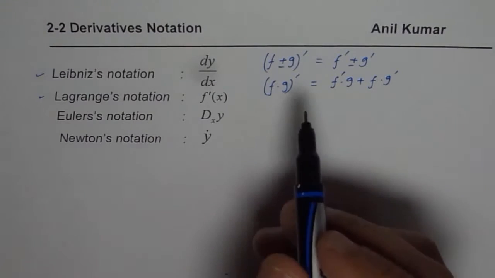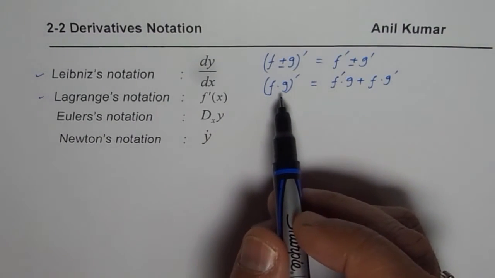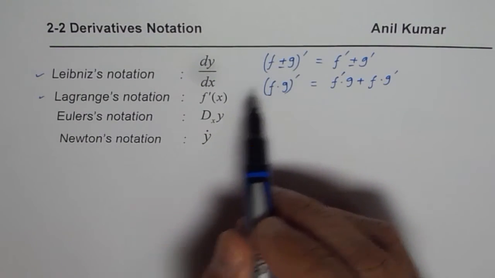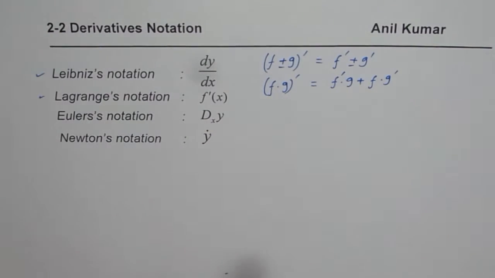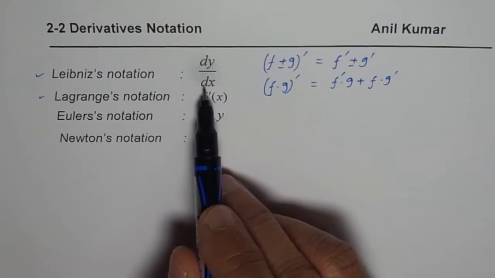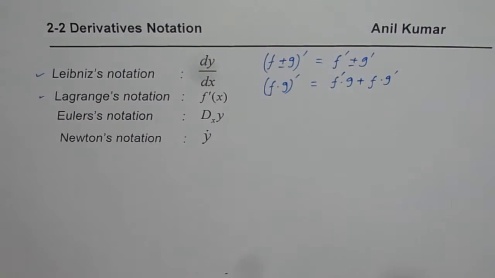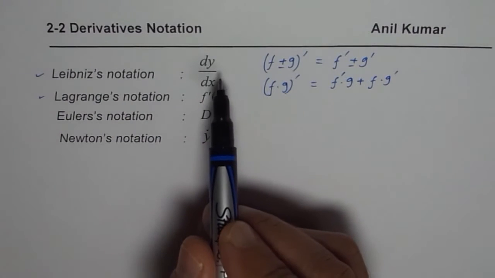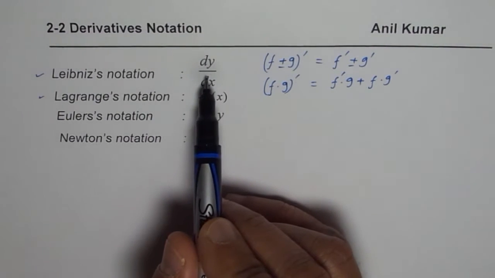So my preference is that whenever you write formulas, you should use Lagrange's notation. Very simple, right? But when you're really solving some questions, Leibniz notation is far better, especially as we move forward with chain rule. It is very difficult to understand the solution if you do not use Leibniz notation, correct?